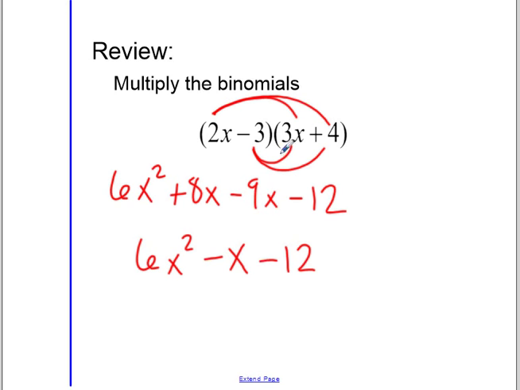Instead, it's the 2 and the 3 that control more the 8 and the 9. And the 8 and the 9 is what makes the term in the middle. When we work backwards, we're going to have to pull this term out into two pieces to help us figure out our answer of two factors.